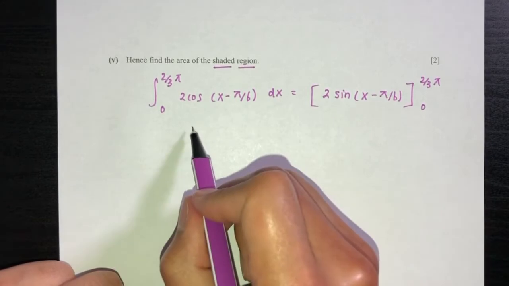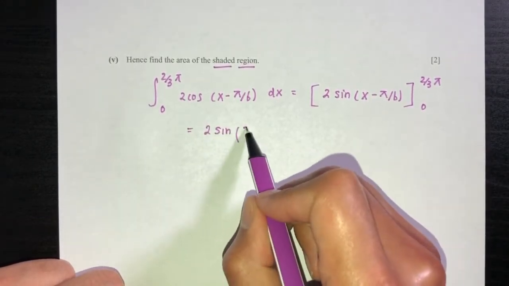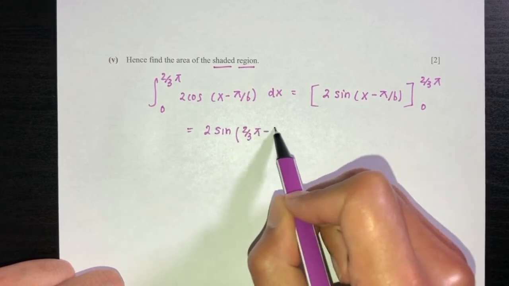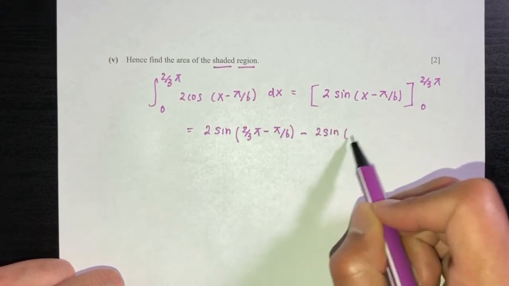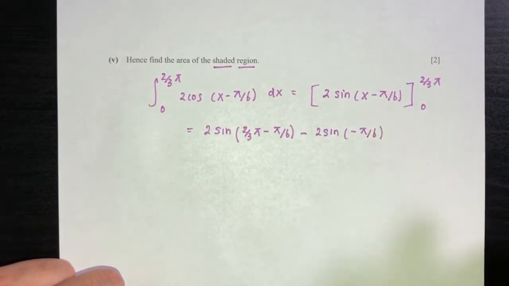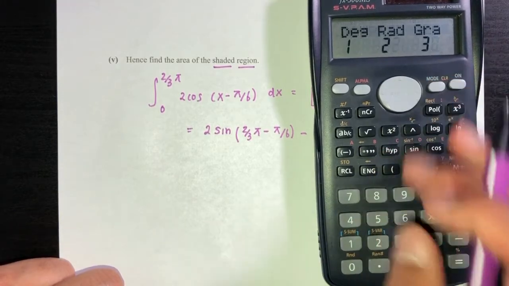If you simplify, you will have 2 sine of (2 over 3 pi minus pi by 6) minus 2 sine of (minus pi by 6). So let's find the value. Let's use radians because we have pi.